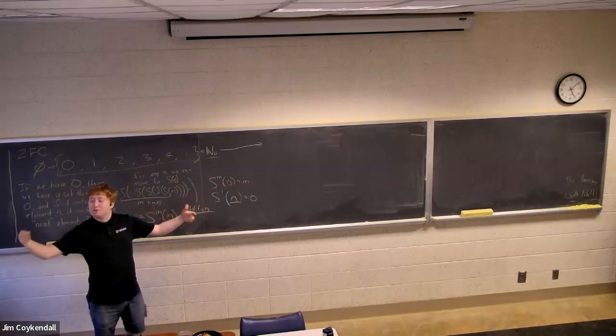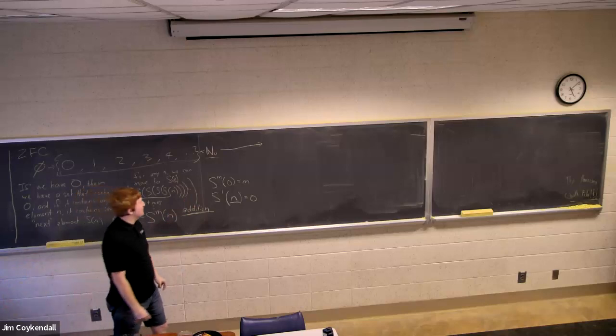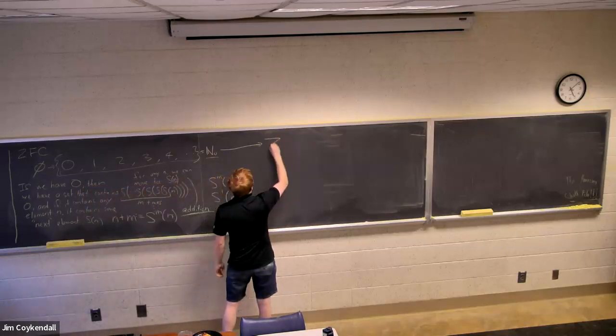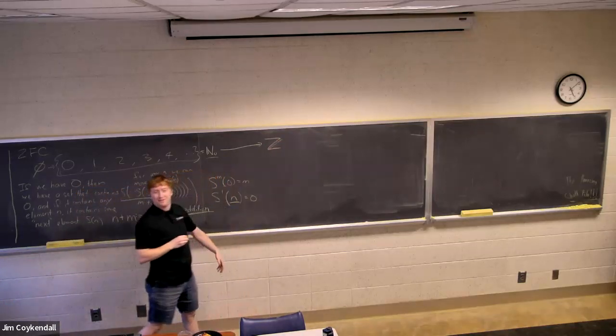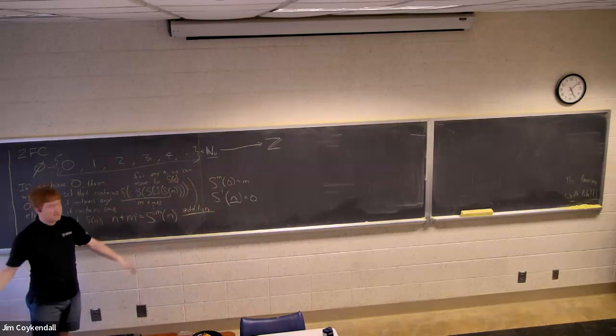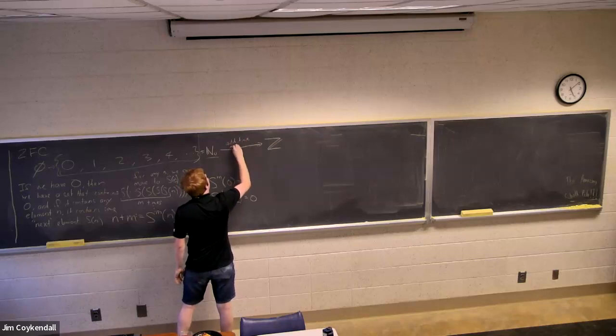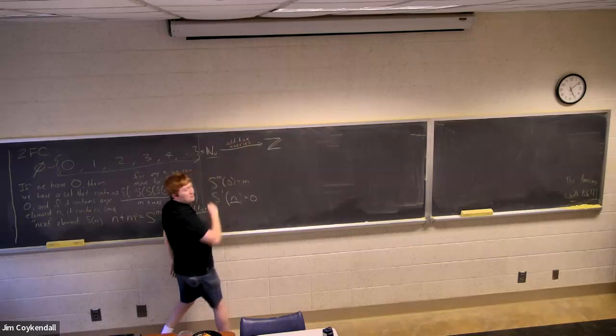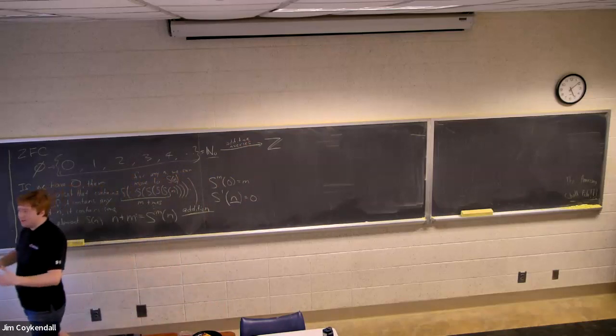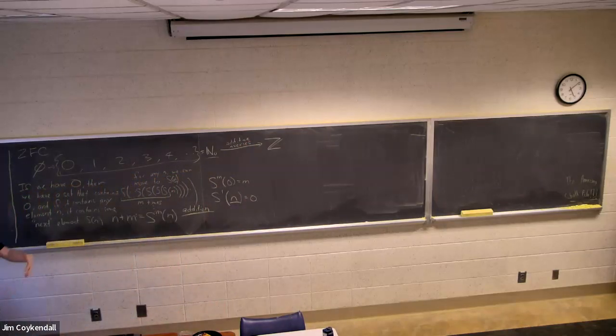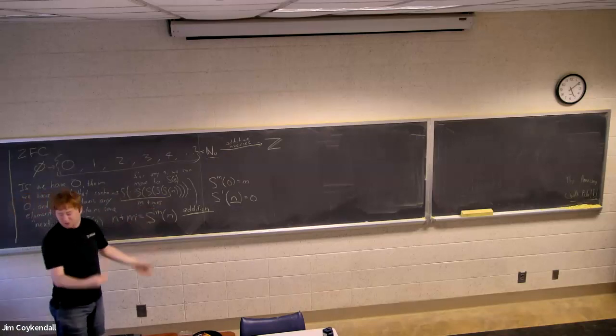That would be our sort of negative numbers. So doing this process, we get the integers by adding additive inverses. That's all we've done. We've said for every element, we should be able to add something to it to get 0. In other words, we're allowing for subtraction there.